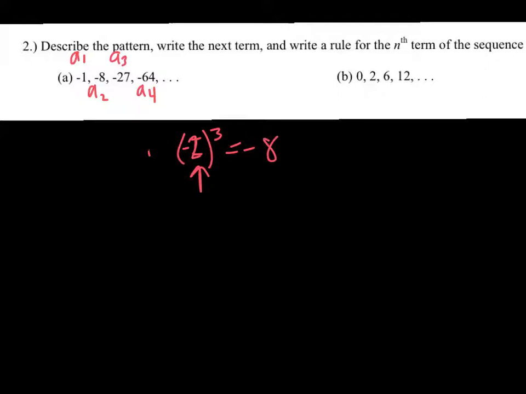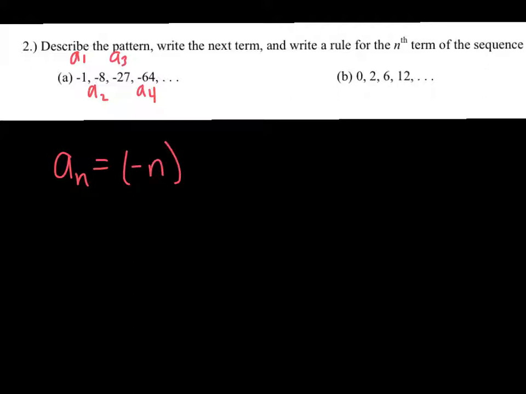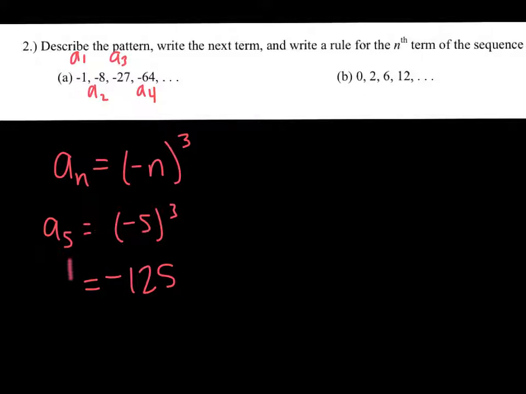So to get where we're trying to be, your term value is going to equal the negative value of whatever that term number is to the third power. So a sub 5 would equal, okay, -5 to the third power, which is -125, which would make sense to be your next term.